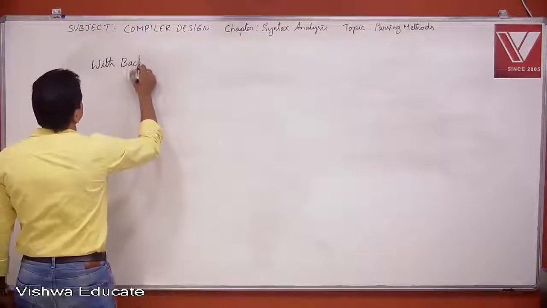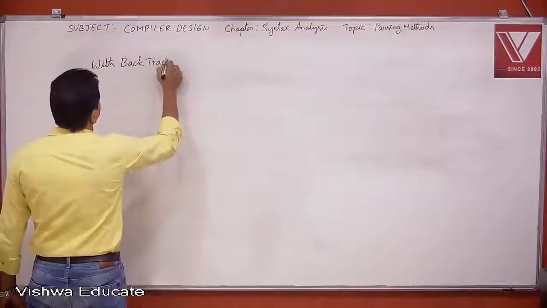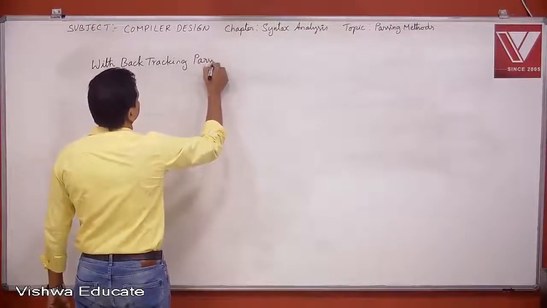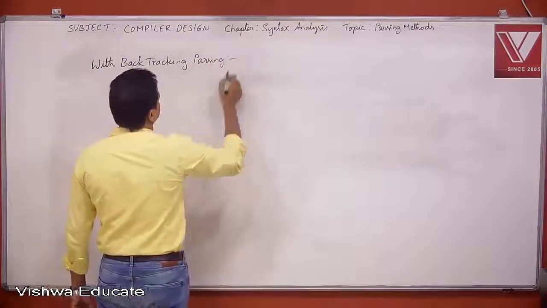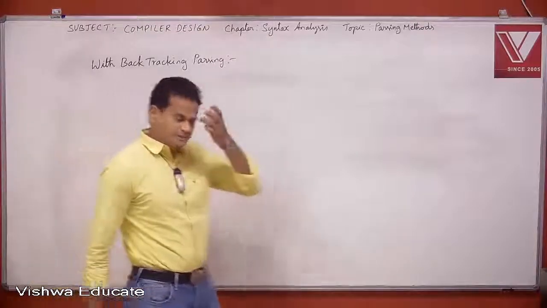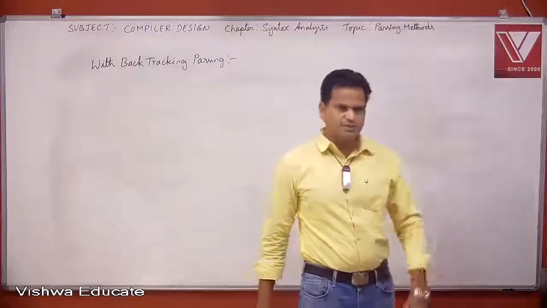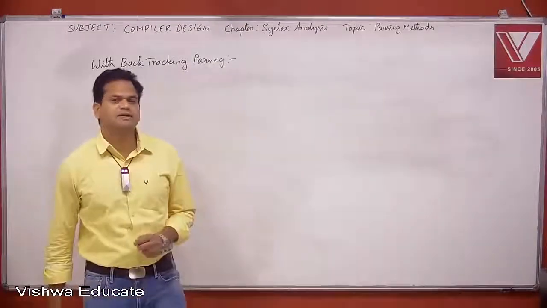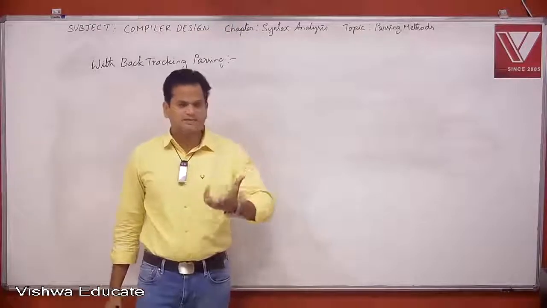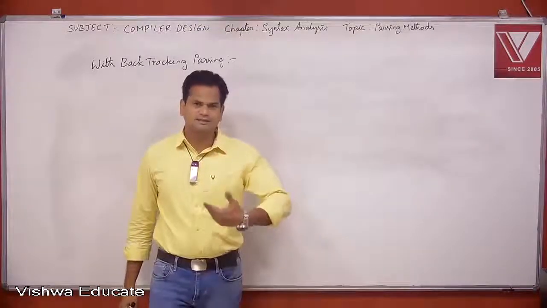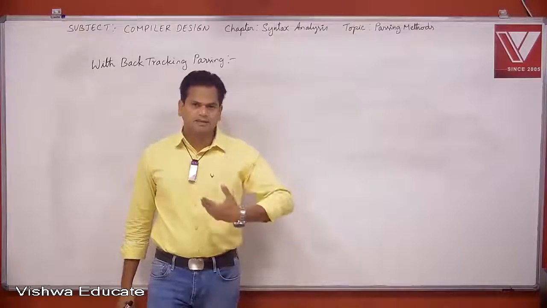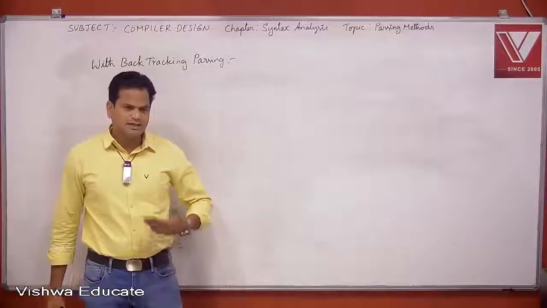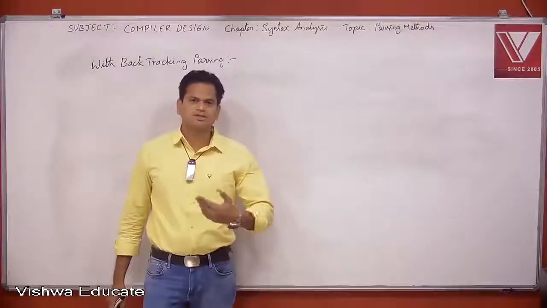With backtracking, or simply backtracking. In the backtracking process, there are no rules and regulations. A grammar will be given and a string needs to be derived. So the parser will start from the start symbol and it tries the different productions.